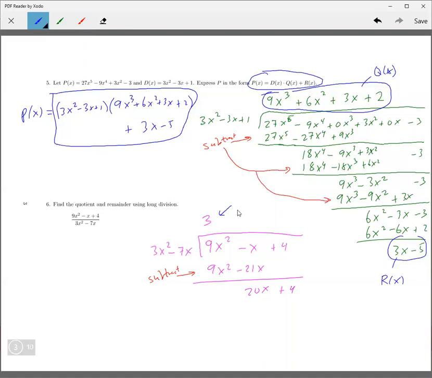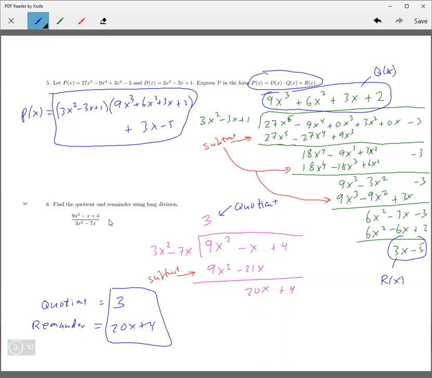Okay, so this is the quotient, and the remainder is 20x plus 4. So those are the answers there.